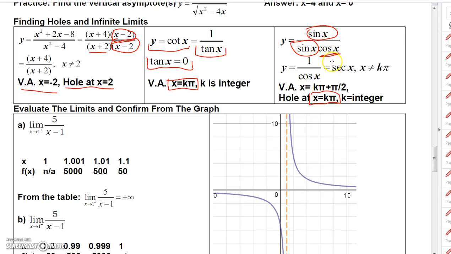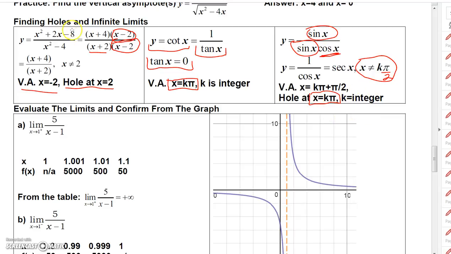So anyway, what makes cosine x 0? Let's see. Okay, actually it would be any multiple of pi over 2, not multiple of pi. So any multiple of pi over 2, you would get a vertical asymptote.